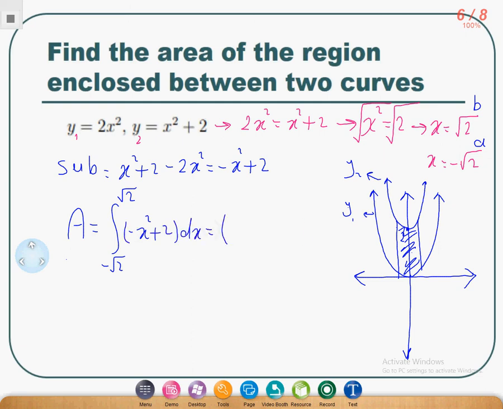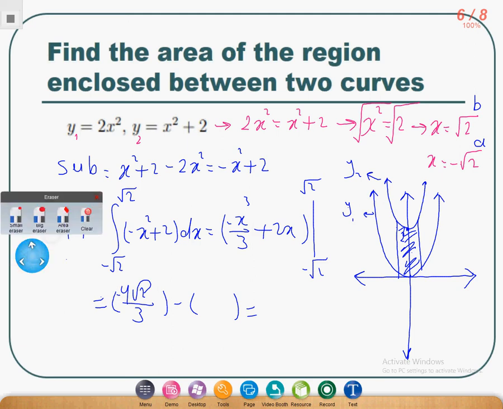Who can tell me the result of the integration? Excellent boys, excellent. It will be negative x cubed over 3 plus 2x. The last step, two brackets between them with minus, replace each x by the square root.